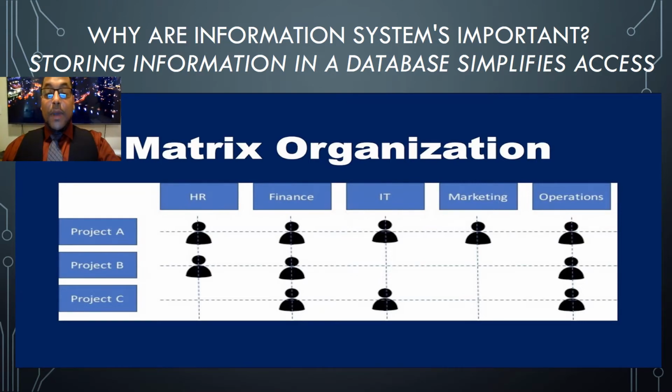So, segueing back to what we said before, information gathered can be placed in this database and accessed for organizational initiatives. Now, this is very important in a large organization with multiple departments that seek to attain a similar initiative.